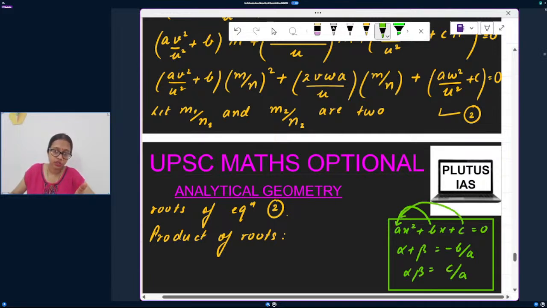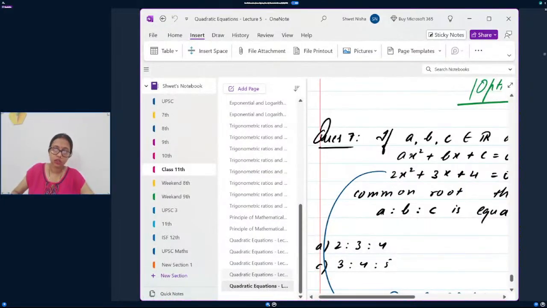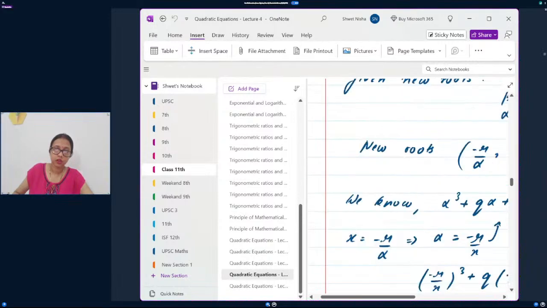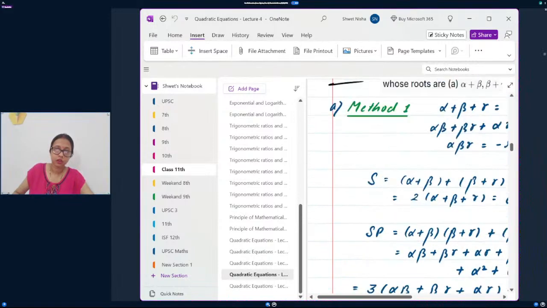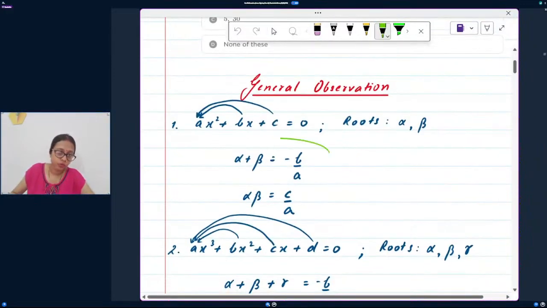You can generalize this result also. I just did this in, I think, the last class I was teaching. See, sum of roots, product of roots.